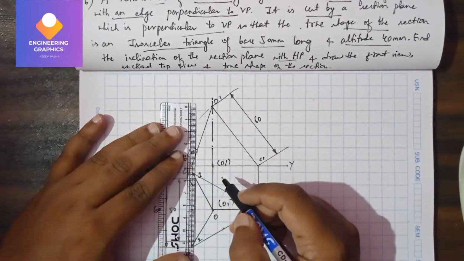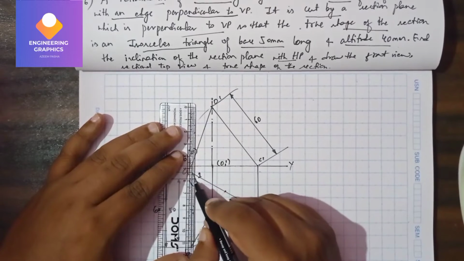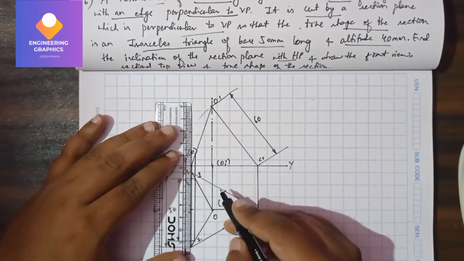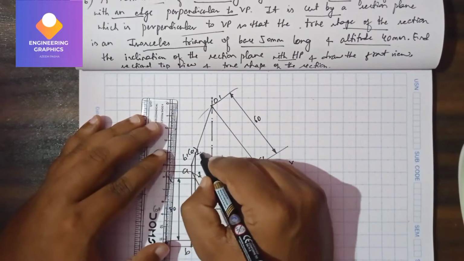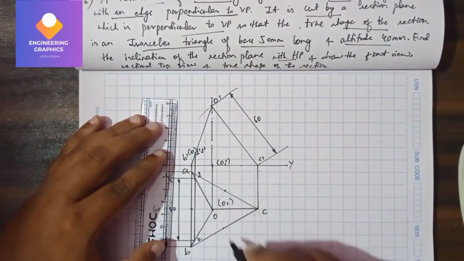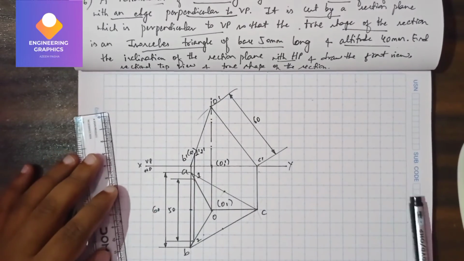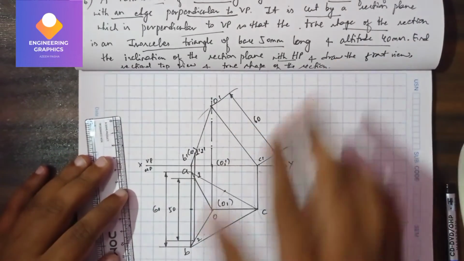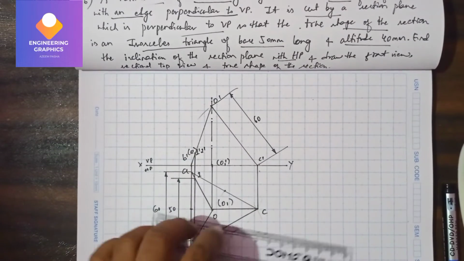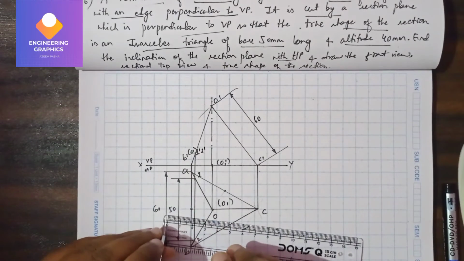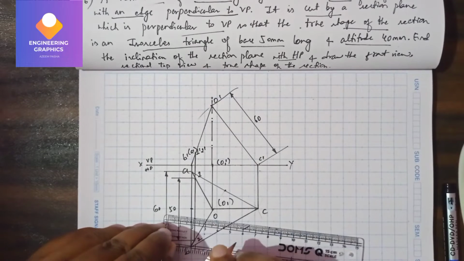So we want to project it. By projecting it, this is 1 dash, this is 2 dash. After this, you can see the altitude, height of 40 mm. So you have to take a compass and measure 40 mm from the scale.